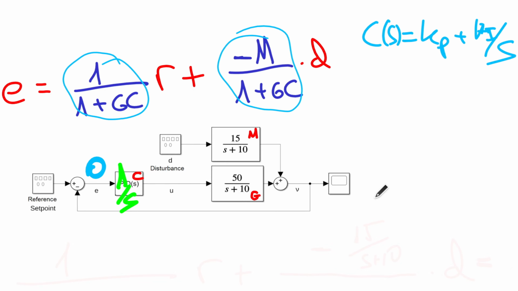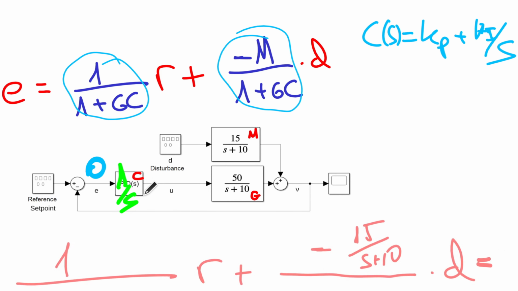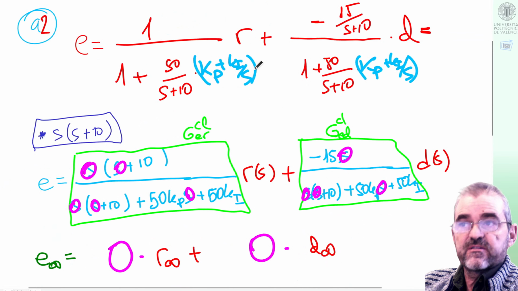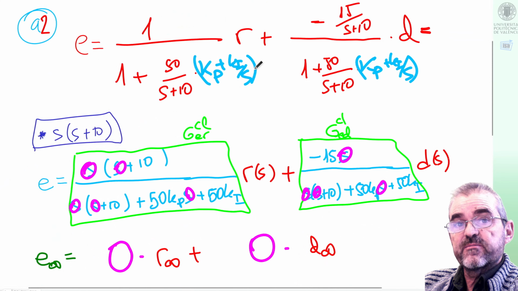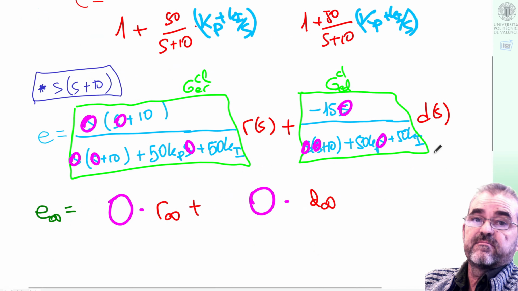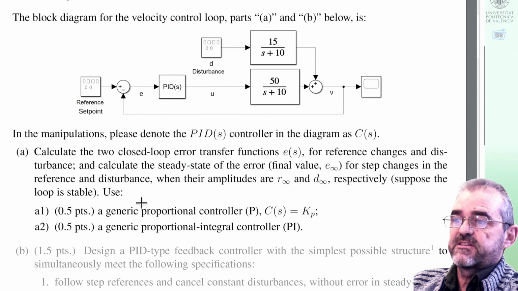So if all signals in steady state are bounded by constants, then the inputs to the integrators in the block diagram must be 0. This is a quick proof by contradiction, or well, we can have an algebraic proof by computing the transfer functions as requested in the problem statement and then replacing the s variable by 0. So we get 0 error, and with that we finished answering this first question here.